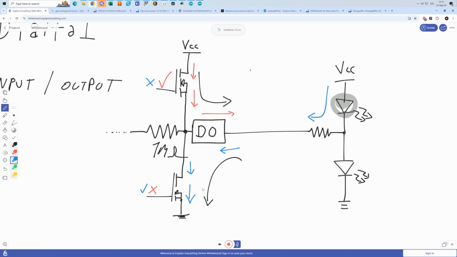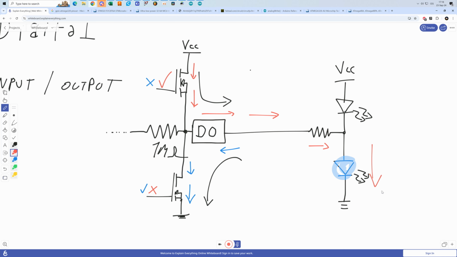Of course, if the circuit is logic high, well then the situation will be different because this LED will light up. Of course, this is because now this low side transistor is turned off and this is turned on, so now the current will flow this way through the LED.